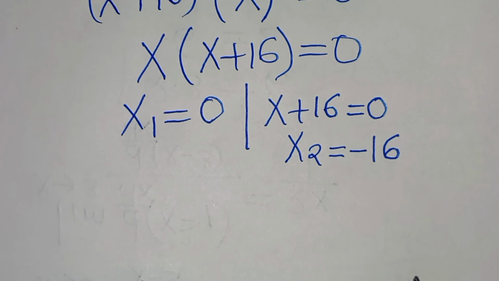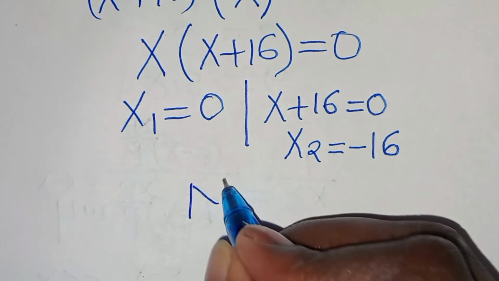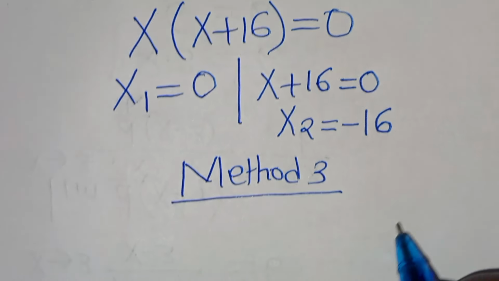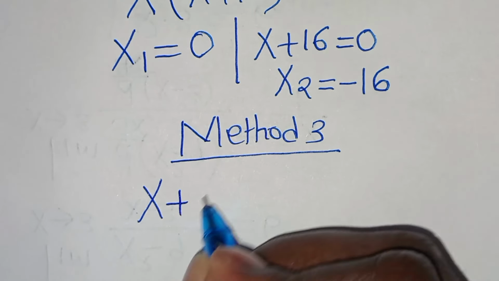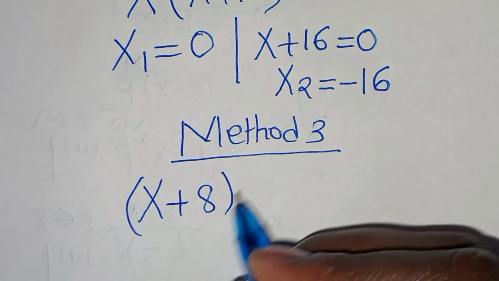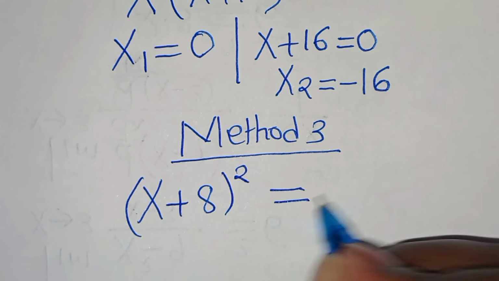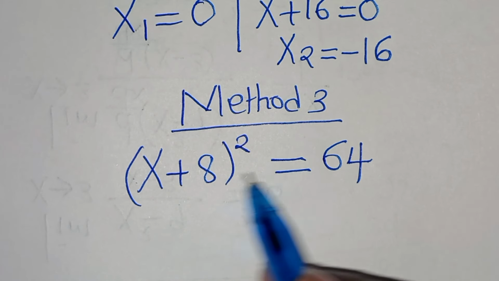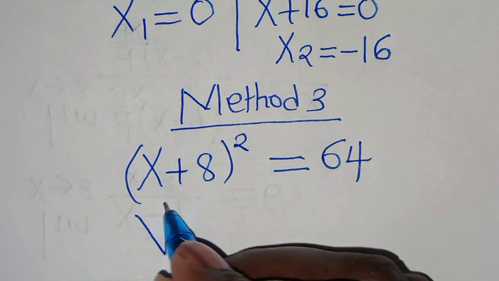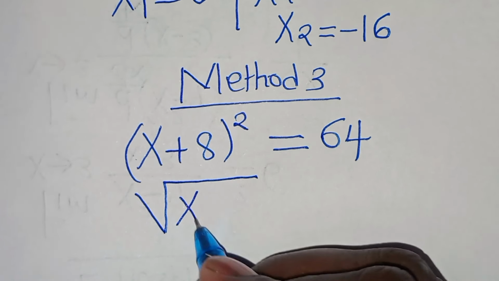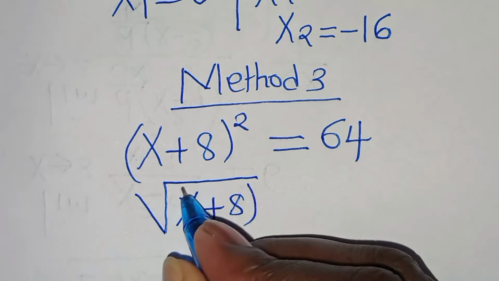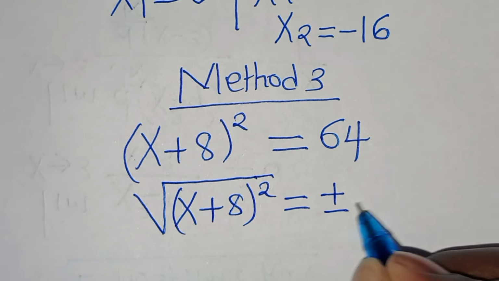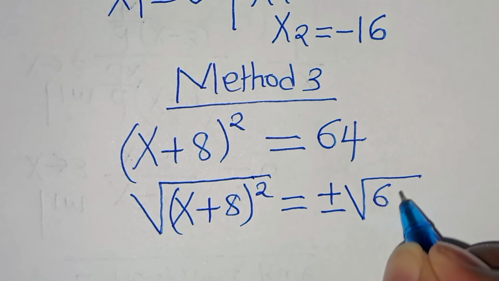Now, we can solve this again by applying the third method, which is (x + 8)^2 equal to 64. Now, let's introduce the square root on both sides, so that we have the square root of (x + 8)^2 equal to plus or minus the square root of 64.